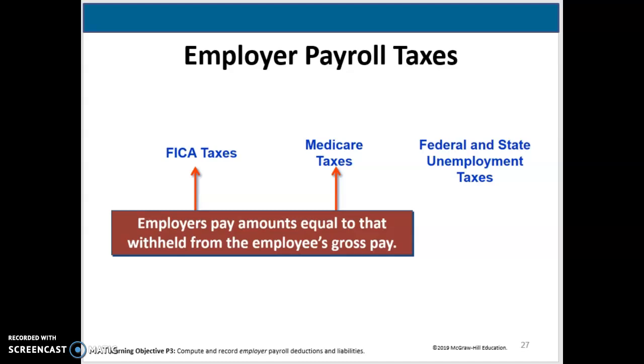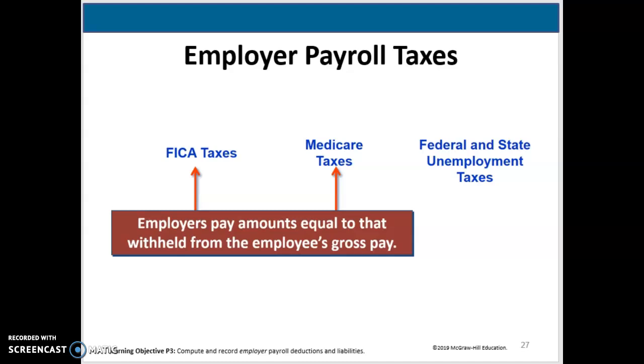So every salary, 12.4% is being paid for FICA taxes for that employee. But the 6.2 is a tax that the employer is responsible for paying. Same thing with Medicare. The 1.45%, the employer is also responsible for paying that same amount on that employee. So whatever the employee paid, the employer is going to pay the same thing.